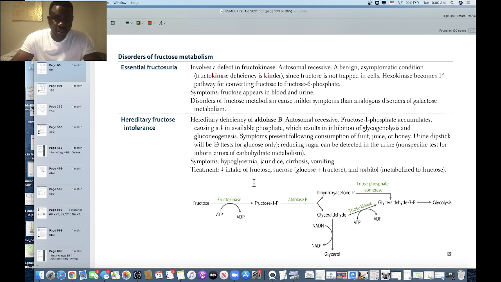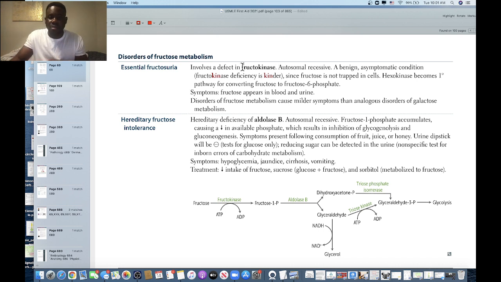Essential fructosuria involves a defect in the fructokinase enzyme. Just like we have glucokinase, when glucose enters the cell, we don't want it to go back out, so we use glucokinase or hexokinase. The same way, if fructose enters the cell, we use fructokinase to pin it into the cell so that it cannot go out. It's autosomal recessive.